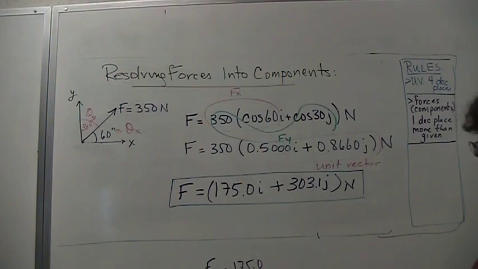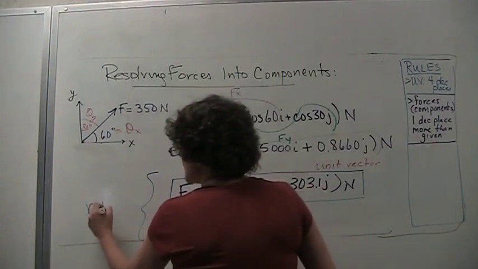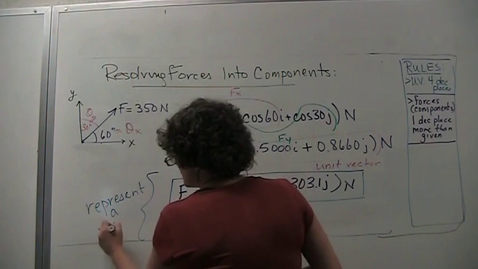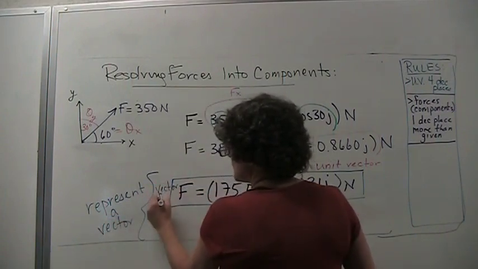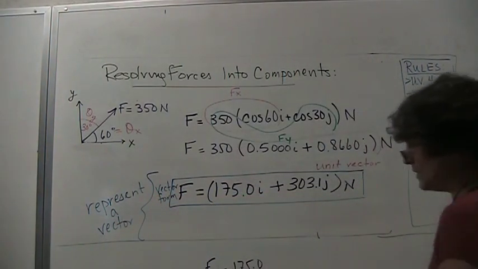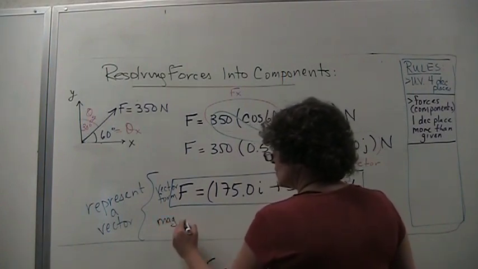So there are a number of ways to represent a vector. One way is in vector form, and somebody might say Cartesian vector form. Another way is magnitude and unit vector.